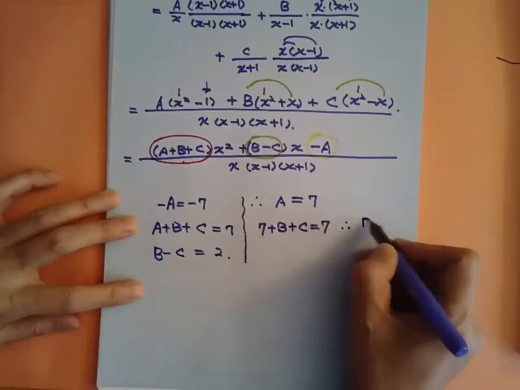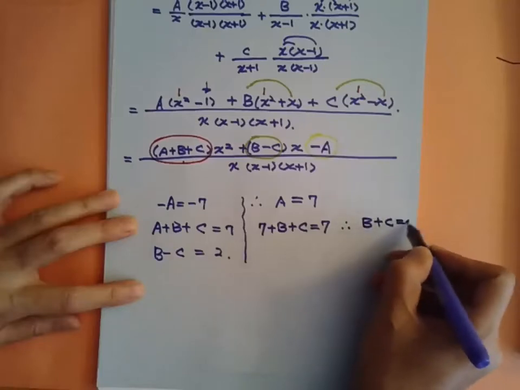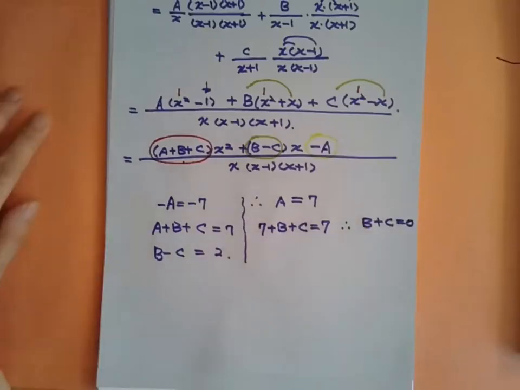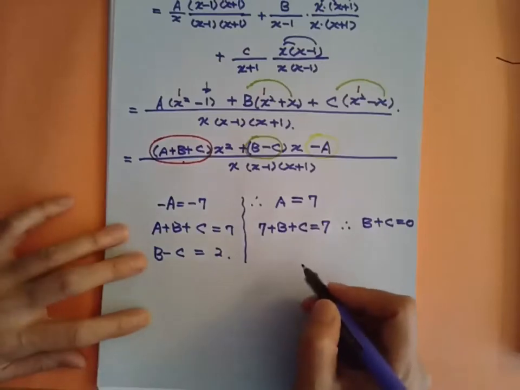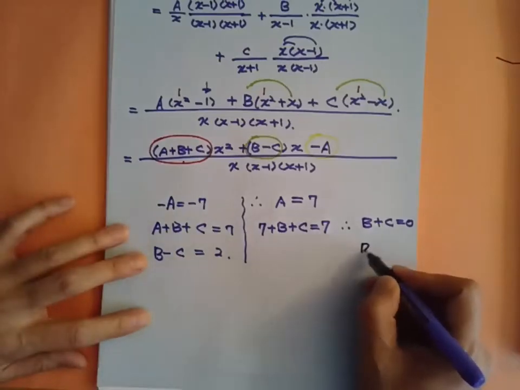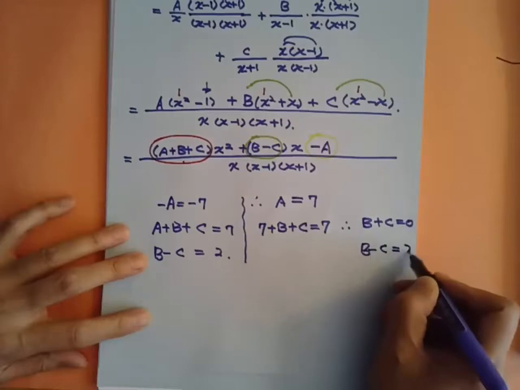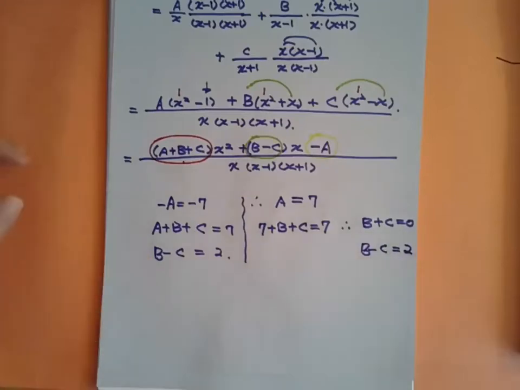Then we have b plus c equals 0, right? And in the third one, we have b minus c equals 2. Correct? Any questions so far?